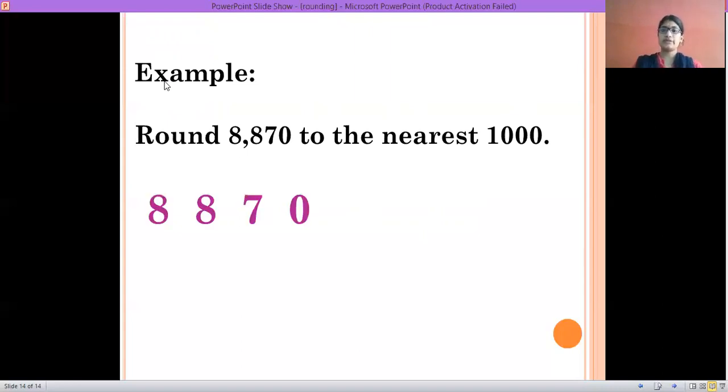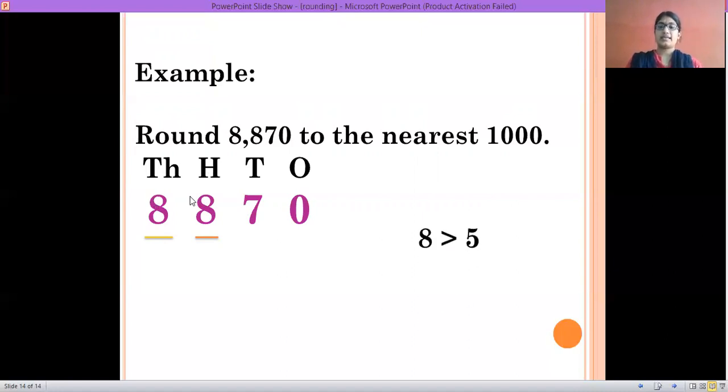So first what are we going to do, children? We'll write our number and its places, that is places of each digit. Now after writing the places of each digit, we'll identify our rounding digit. Here we are asked to round to the nearest 1,000. So the digit in the thousands place is our rounding digit. We'll move to the immediate right. Now the digit in hundreds place, here it is 8. This 8 is what we have to consider. Now this 8 is greater than 5.